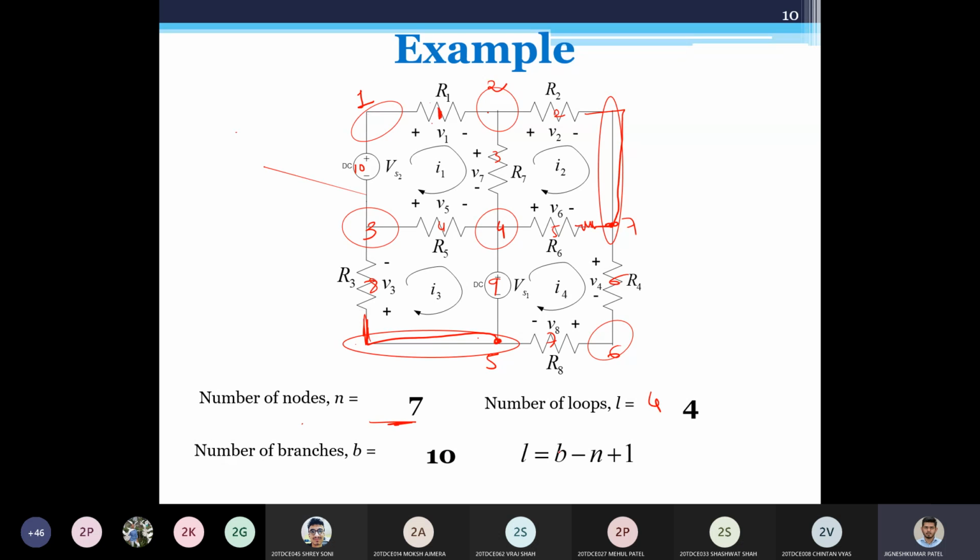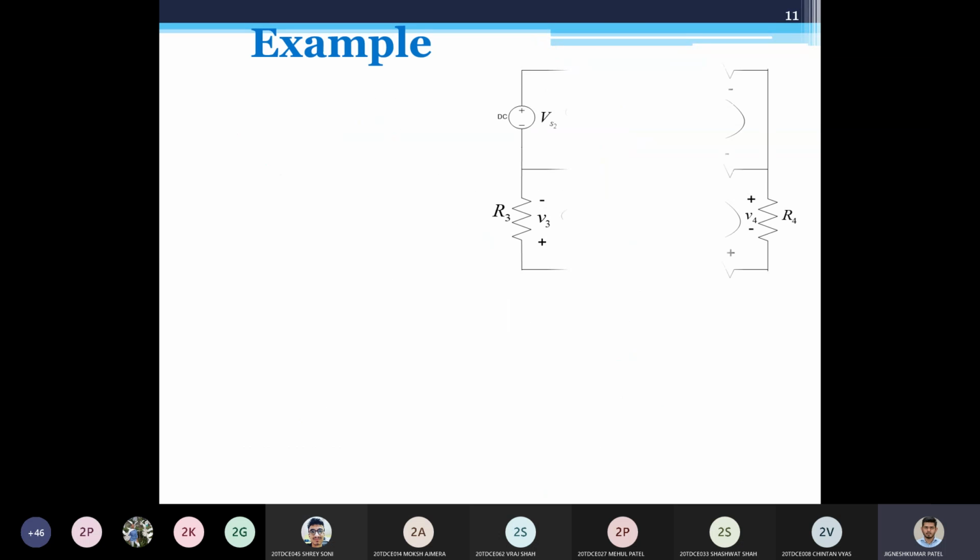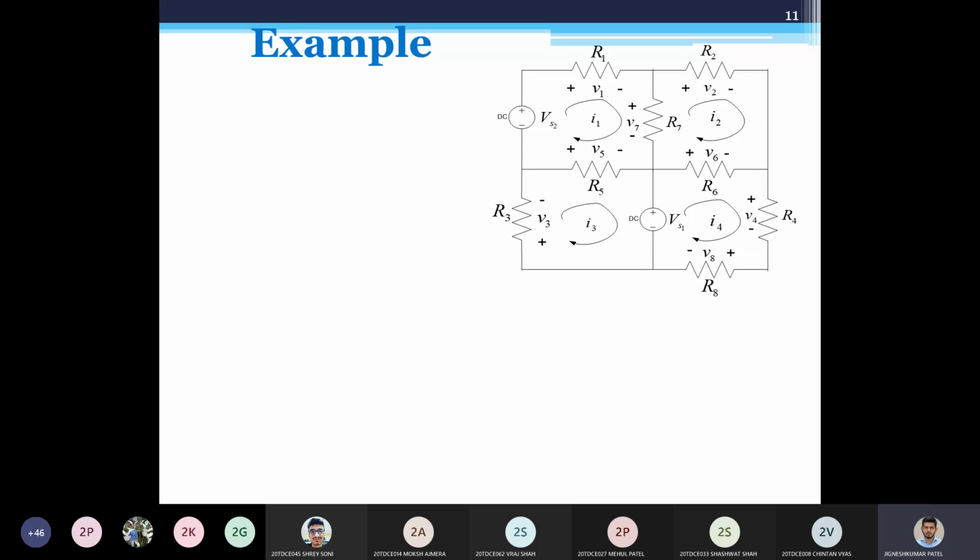The equation b minus n plus 1 gives you the number of elementary loops here. So I get 10 minus 7 plus 1, which is 4. So I get 4 loops, which we have already calculated here. Okay, now we'll start the actual example.